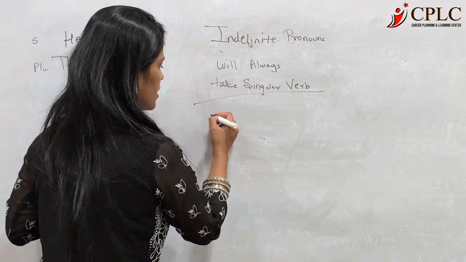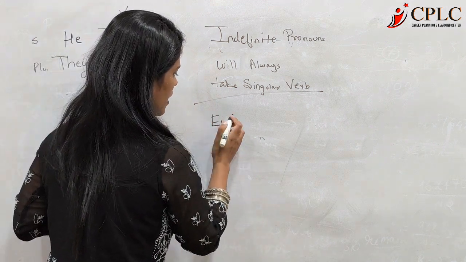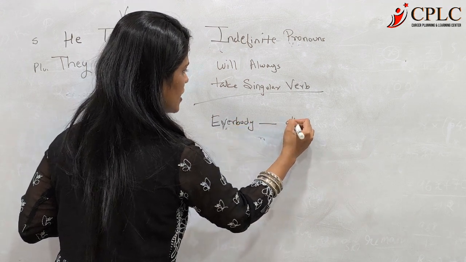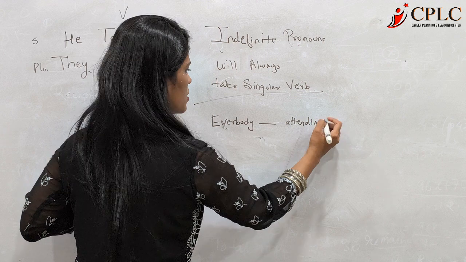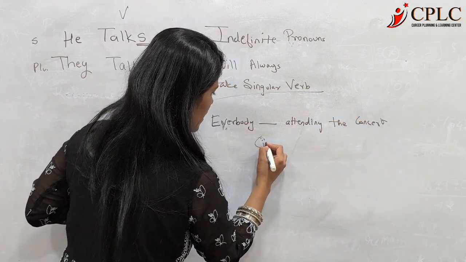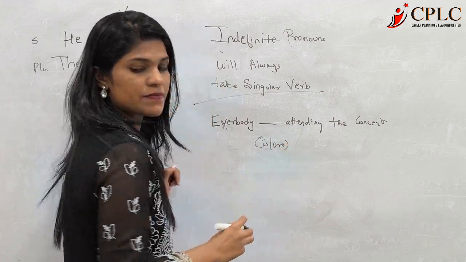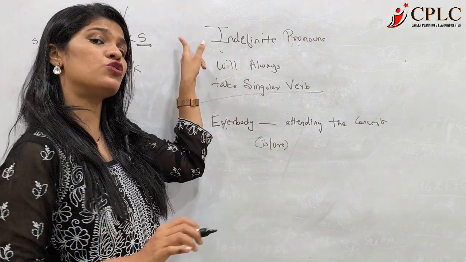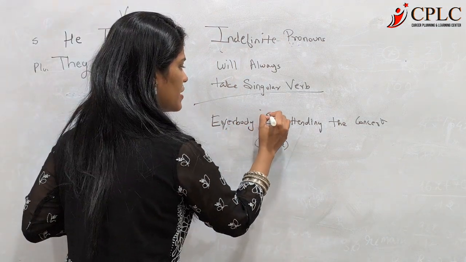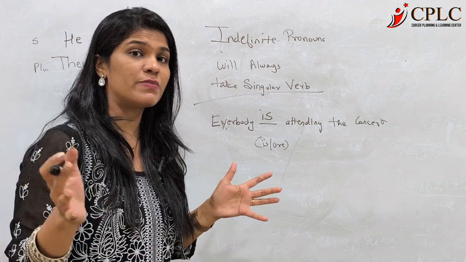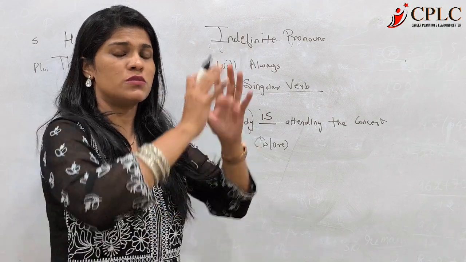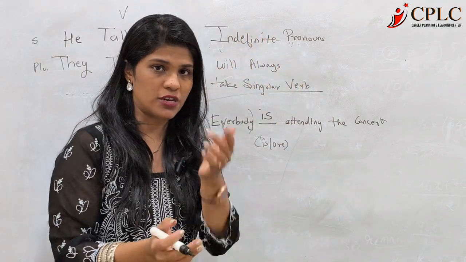So if I say everybody dash attending the concert, what do you think? यहाँ पे is आएगा या are आएगा? Is. Remember this rule. Indefinite, always a singular verb. So everybody is attending. I know there are a lot of people, but we will say is because we are taking that as one. हम उन सारों को as one collectively सोच रहे हैं.